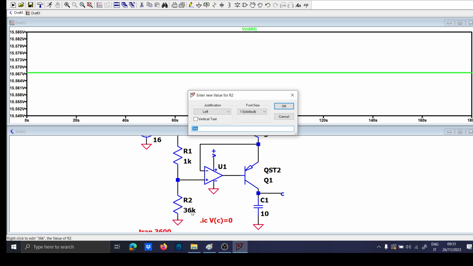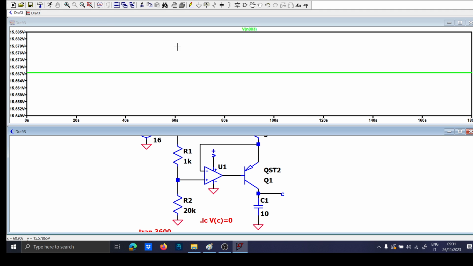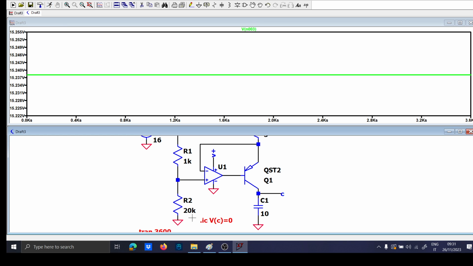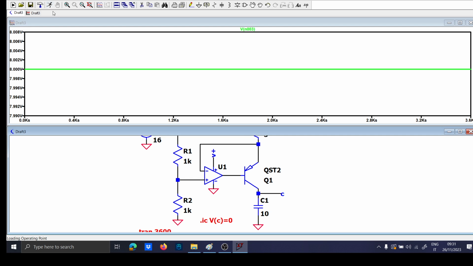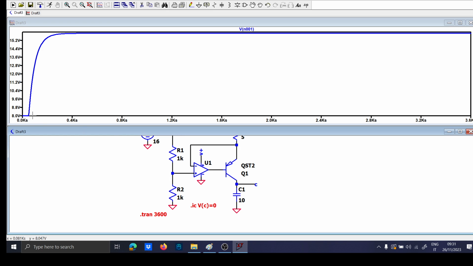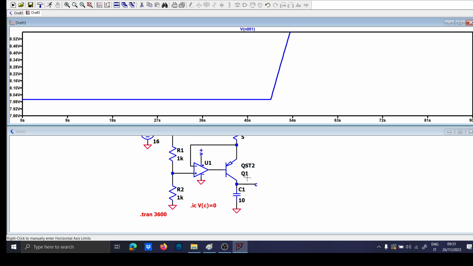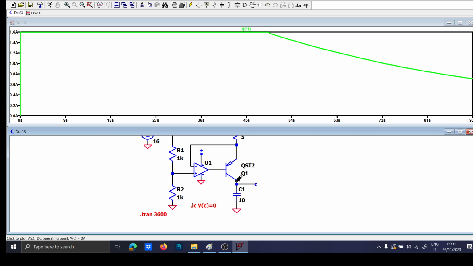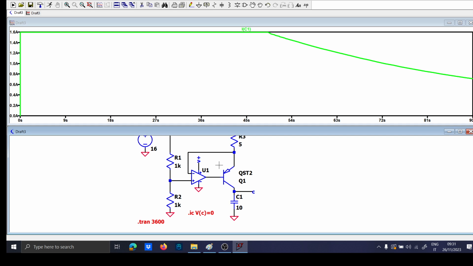So if I decrease the divider, let's put half and half, I have 80 volts, and the same 80 volts I will have here. Of course, that will change the current, and that will change how many times it stays clamped.